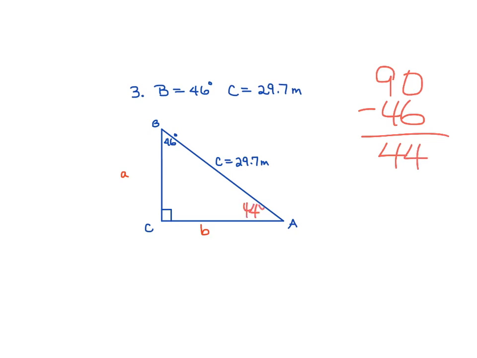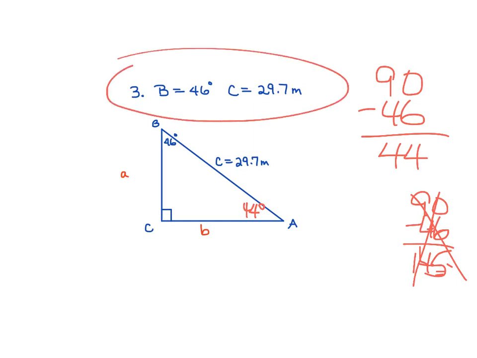Now, I could do all my trig functions based on angle A, but what if I was bad at subtracting? And what if I said 90 minus 46 is 45? That's going to mess up all my other answers if I use the wrong answer. So this is why I like to use what's given, just in case I made a calculation error.